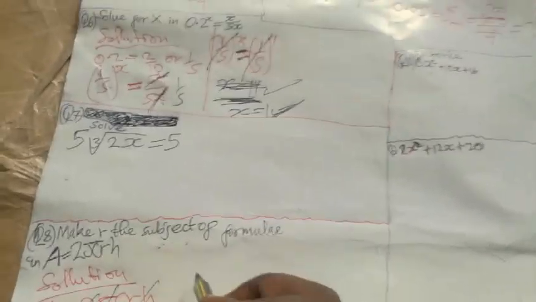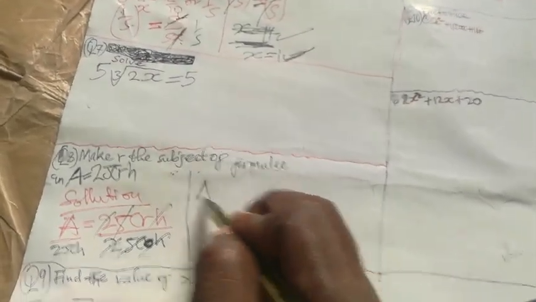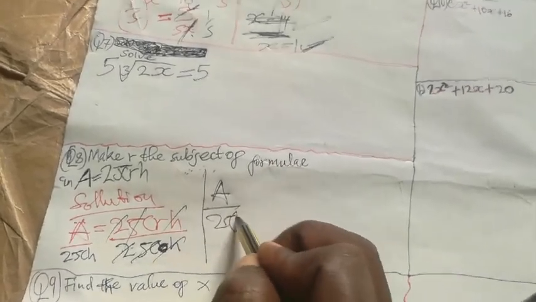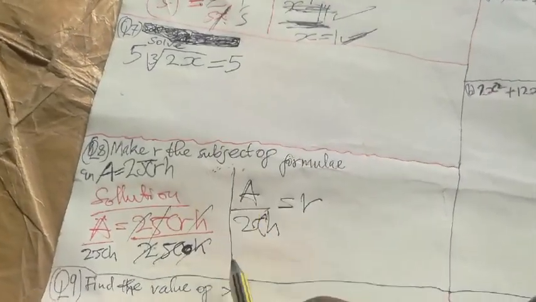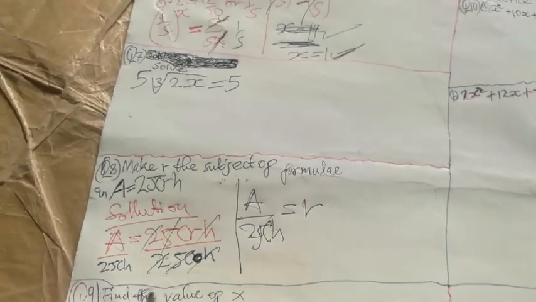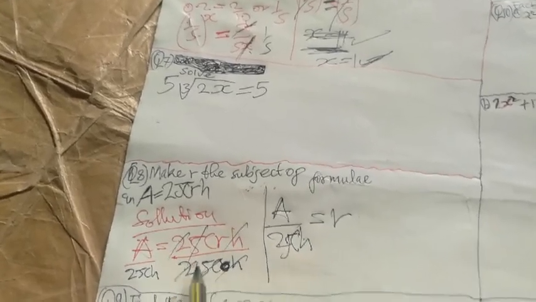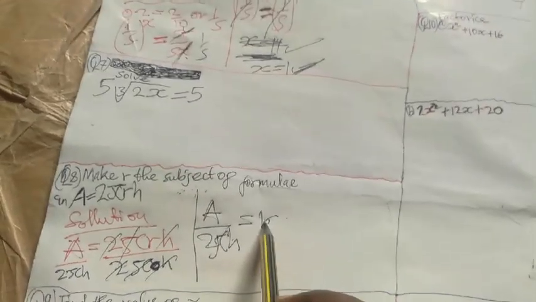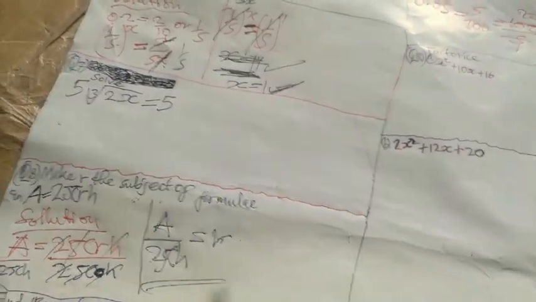Then we have A over 2 pi h is the same as r. We have divided away everything that is not wanted on the right hand side. Hence, r as the subject is A over 2 pi h, and this is the required answer.